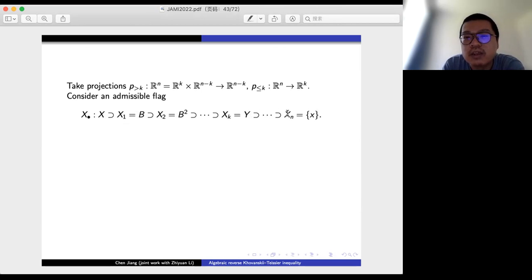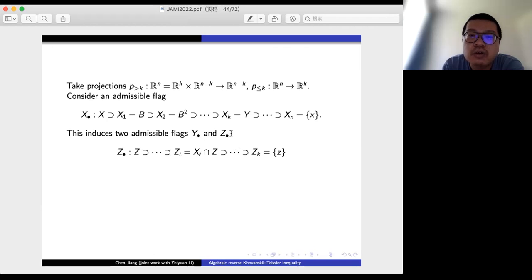And then we just take an admissible flag of Y. Then this admissible flag naturally induces an admissible flag of X, right? And also it induces an admissible flag on Z, where we just intersect the first k parts with C, and then we get Z0, Z1, to Zk.